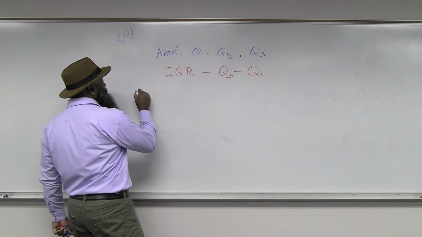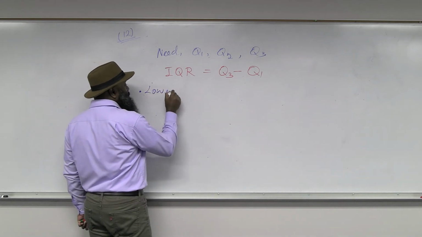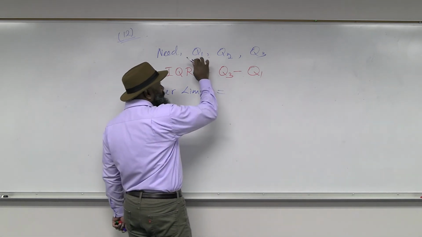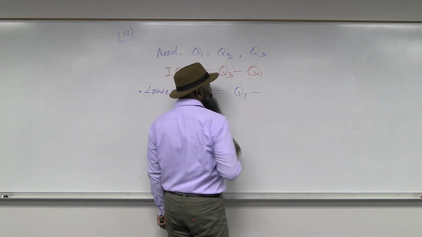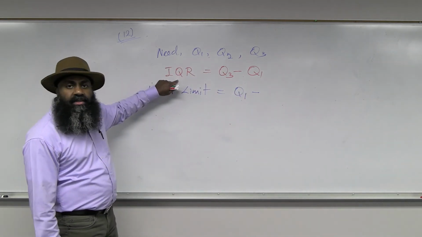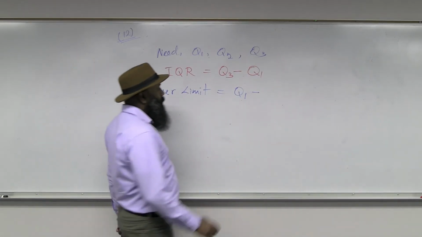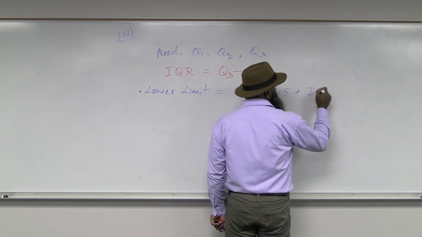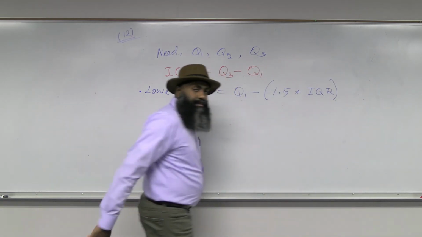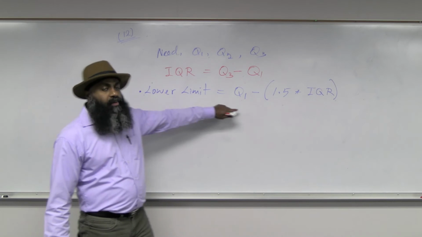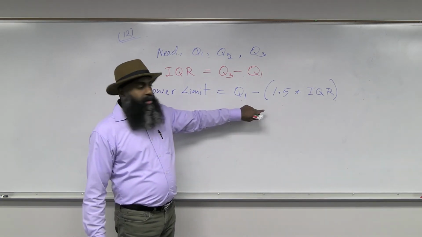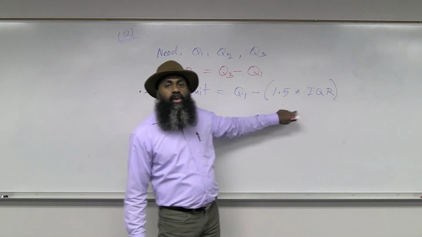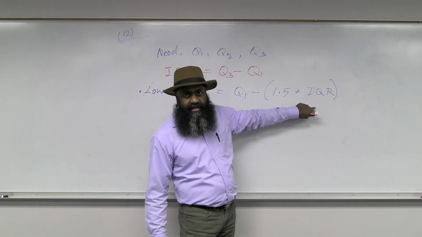The lower limit is equal to Q1 minus 1.5 times the interquartile range. Now this is the lower limit. Your calculator does not have this equation. So this is one equation you will have to remember for this class, for the exams.